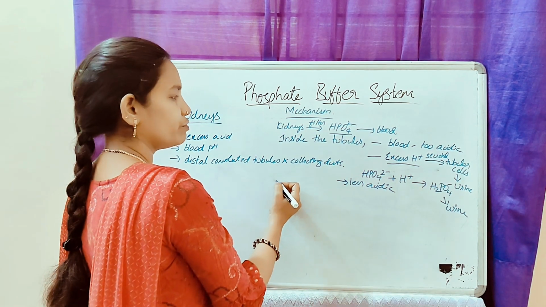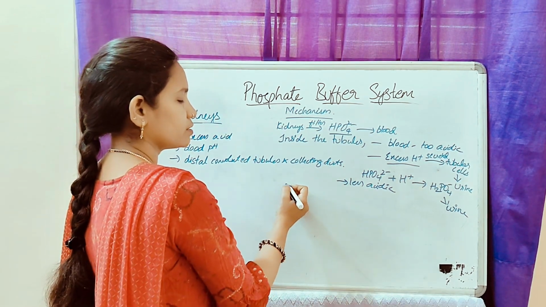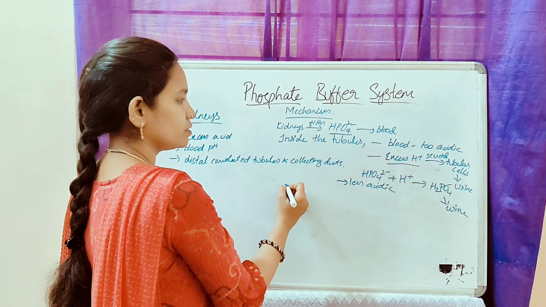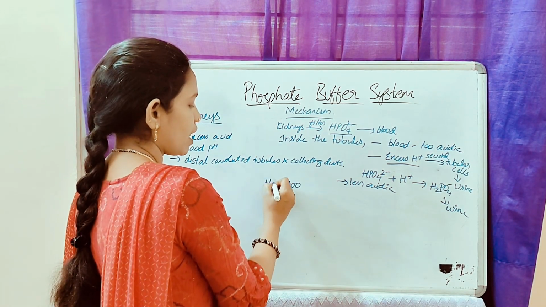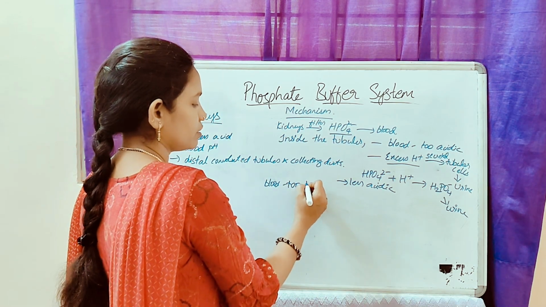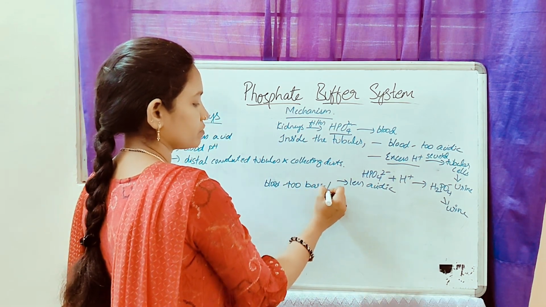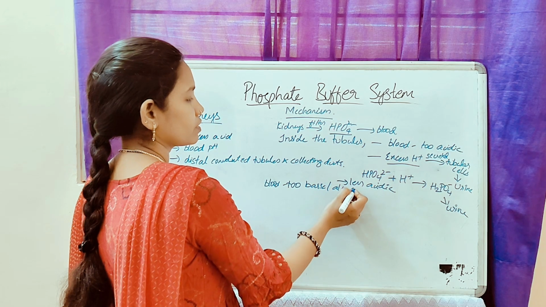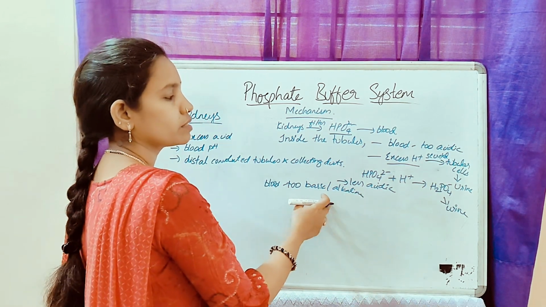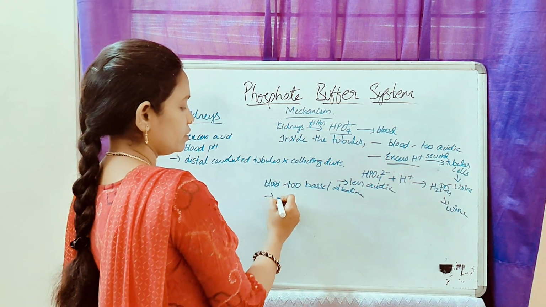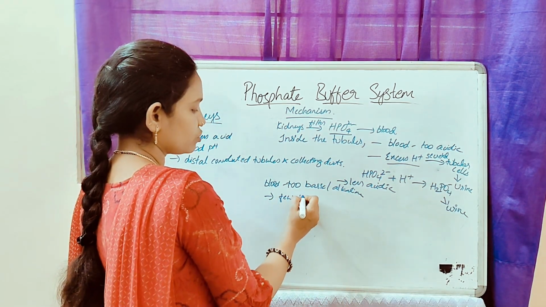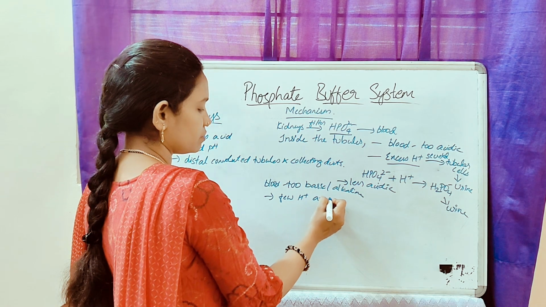So in the second condition, that is if the blood is too basic or alkaline, what will happen? Reverse. Here few H plus ions will be available.